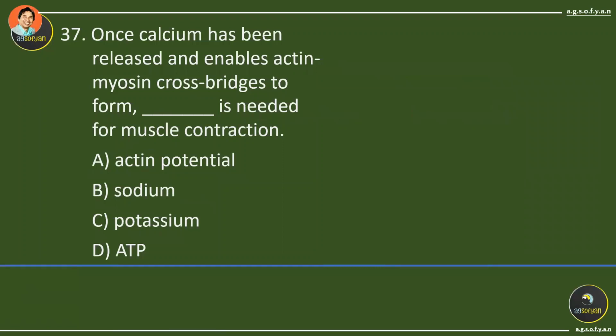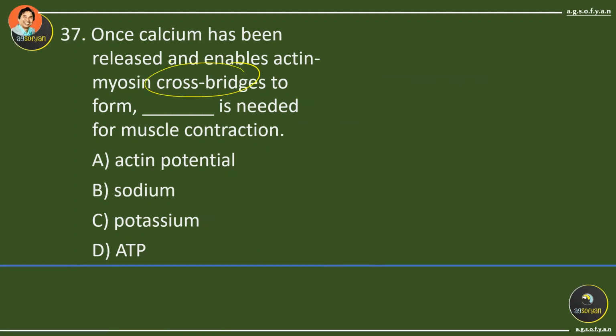Once calcium has been released and enables actin-myosin crossbridges to form, blank is needed for muscle contraction. So what is next needed in order for the muscle to contract? We already have the calcium. Calcium already bound to the troponin. The binding site is available for the myosin head. The myosin head binds to it to make what we call the crossbridge.